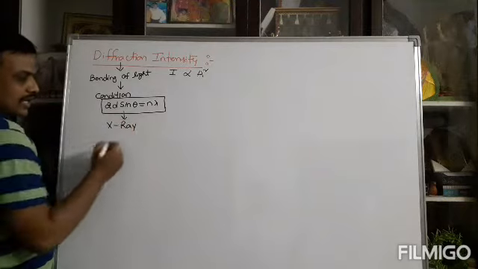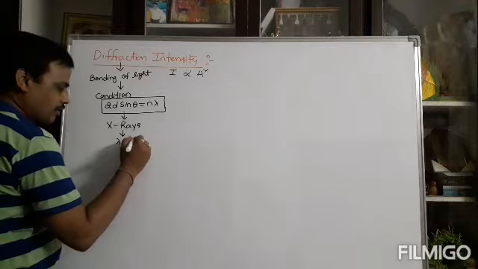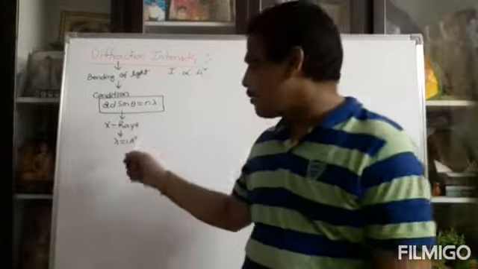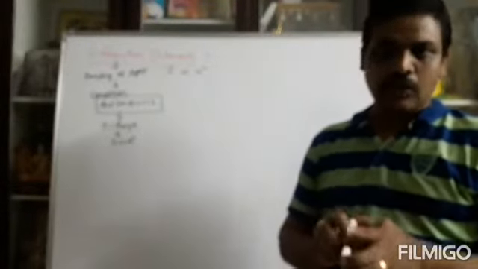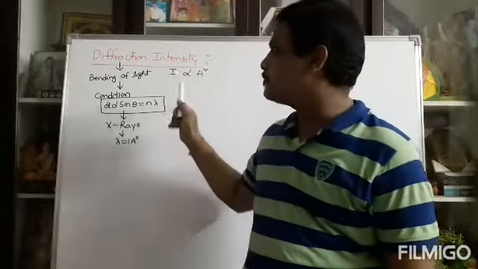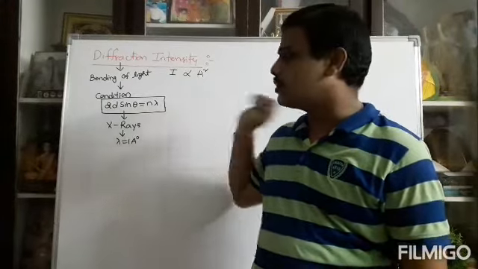The X-ray wavelength lambda is approximately equal to 1 angstrom. X-rays incident on the crystal lattice planes are diffracted. The diffracted rays obey Bragg's condition, or Bragg's law, 2d sin theta equals n lambda.